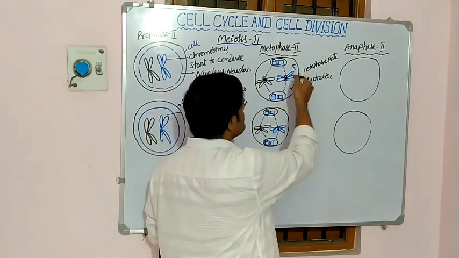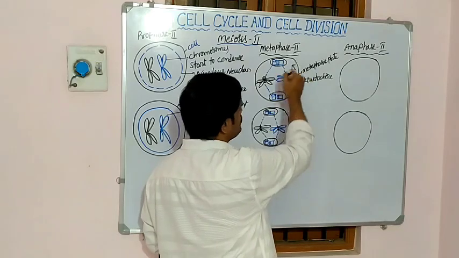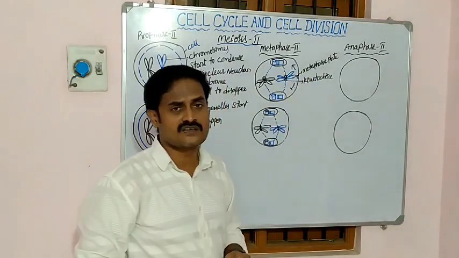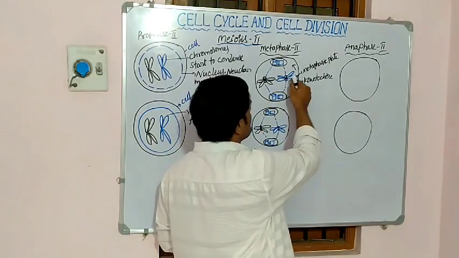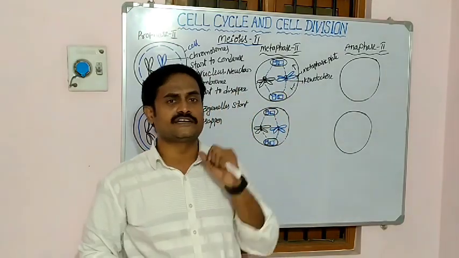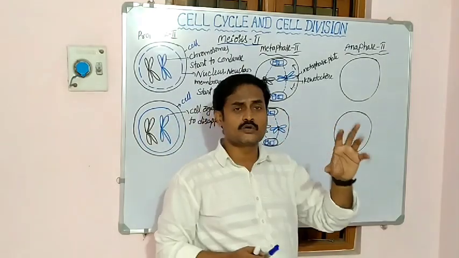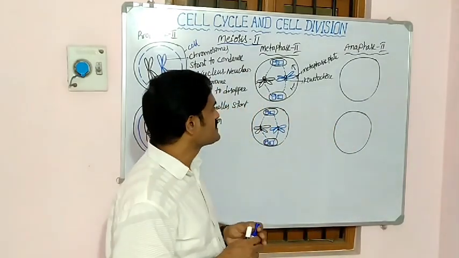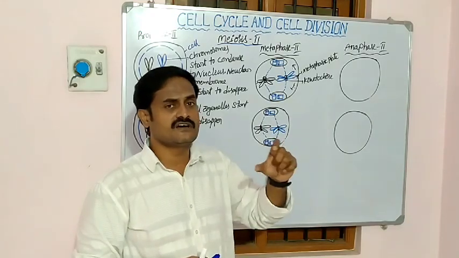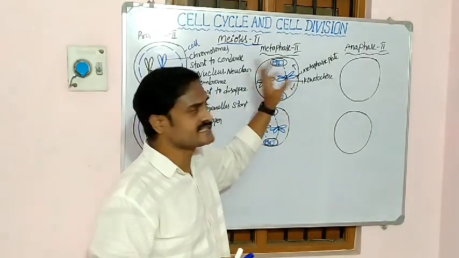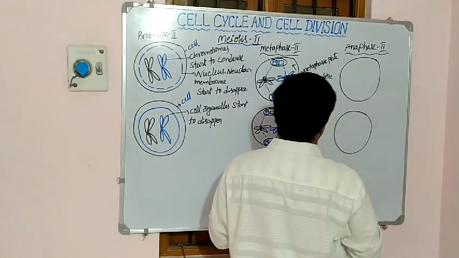See here, this arm and this arm, each chromosome has two arms. Both arms are called chromatids, which are attached to the same centromere. Such arrangements are called chromatids. Chromatids means two arms of the chromosome which are attached at the same centromere. See here, during this phase, what will happen?